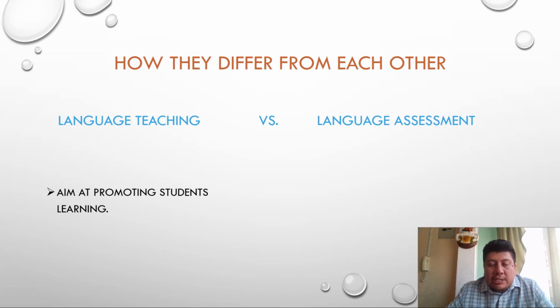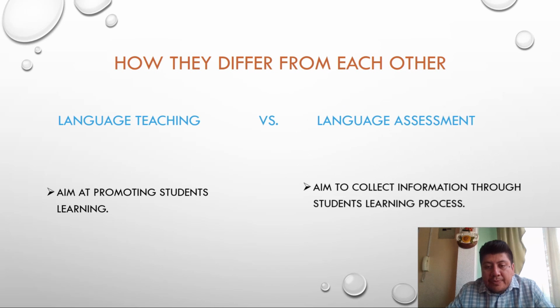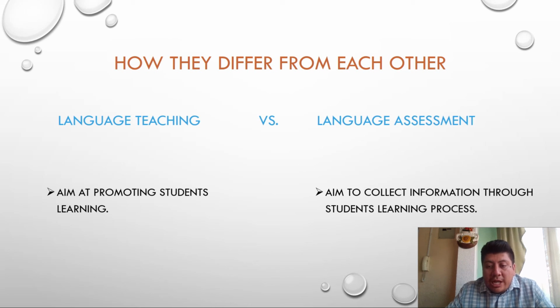During the learning process, as teachers, we can set different activities to evaluate and to improve their learning process and their performance. In language assessment, the aim is to collect information through a student's learning process.